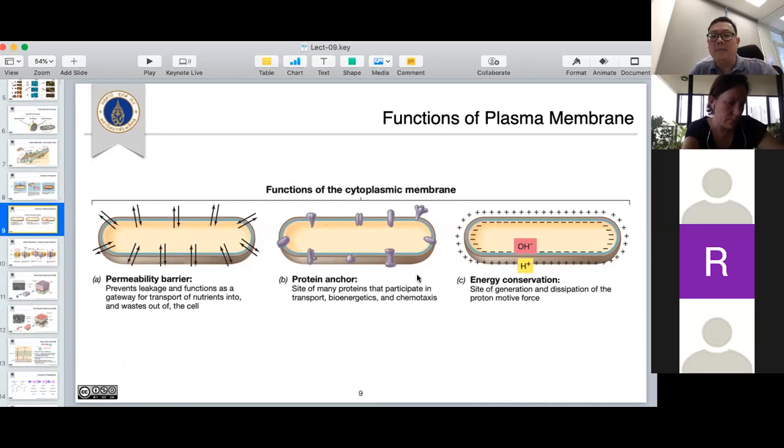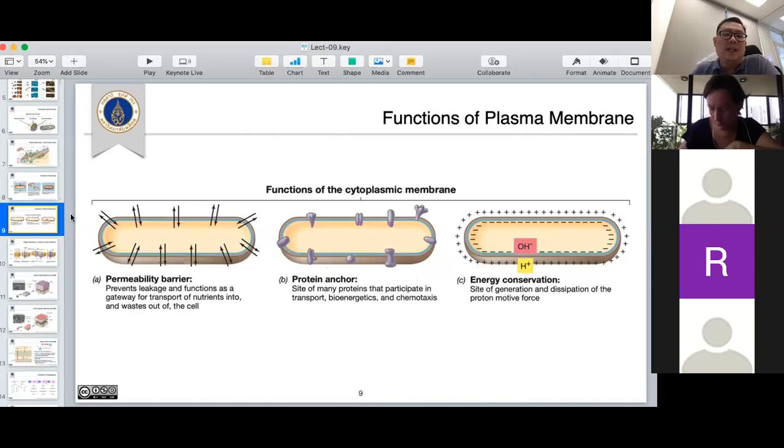These proteins can be receptors, can be a ligand to let bacteria attach to the environment, okay? And also the membrane of bacteria can work for energy conservation, can help bacteria generate a lot of energy. Energy in this case means ATP, okay?